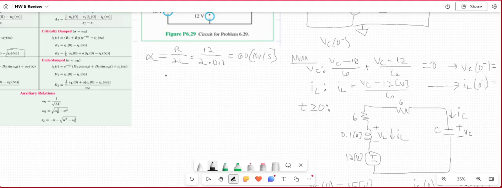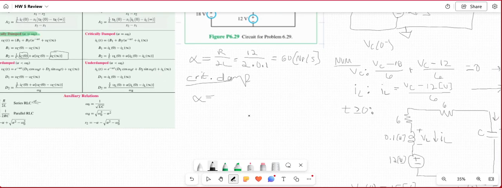Okay, and because it's critically damped, we know that alpha equals W naught, remember? It says it up here, alpha equals W naught. So therefore W naught is the same as alpha, it's going to be 60 radians per second.